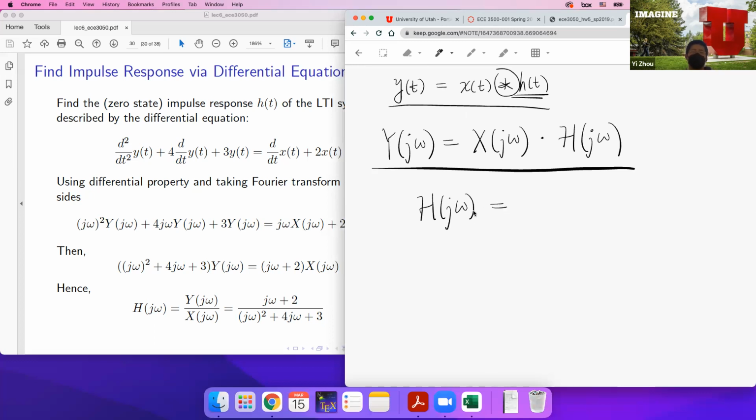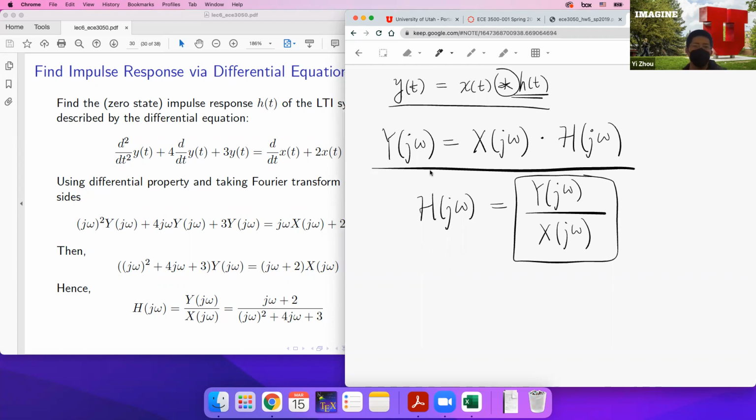The spectrum of the impulse response is basically the spectrum of Y divided by the spectrum of X. So we just need to figure out this ratio, capital Y over capital X, and then this will give us the spectrum of the impulse response. Once we have this spectrum, we do an inverse Fourier transform, and we can figure out the corresponding h(t).